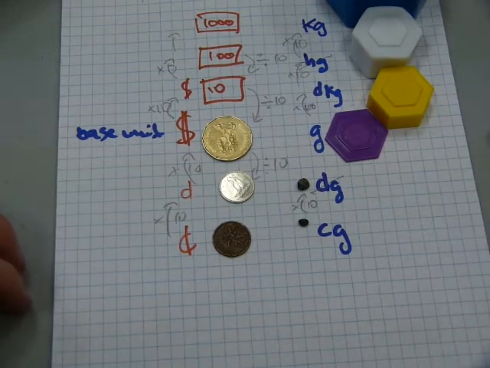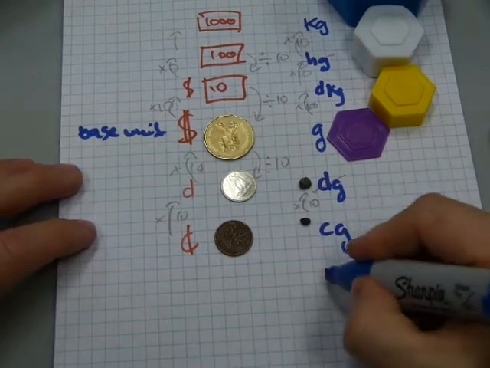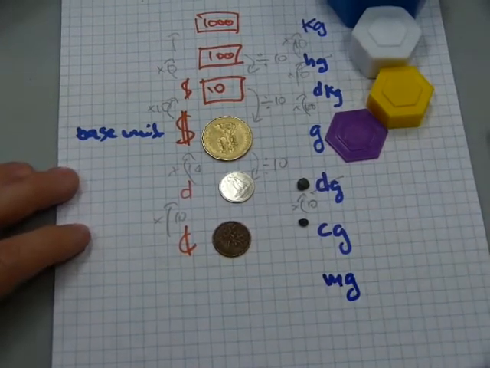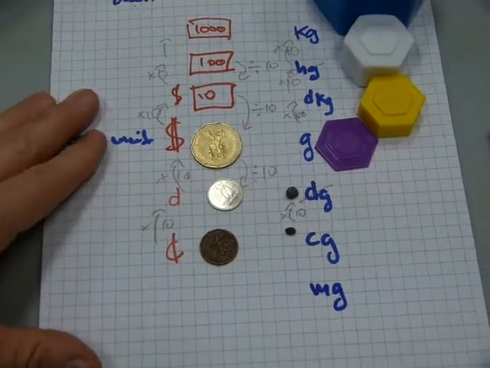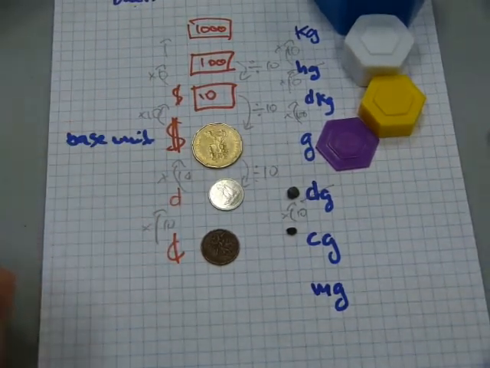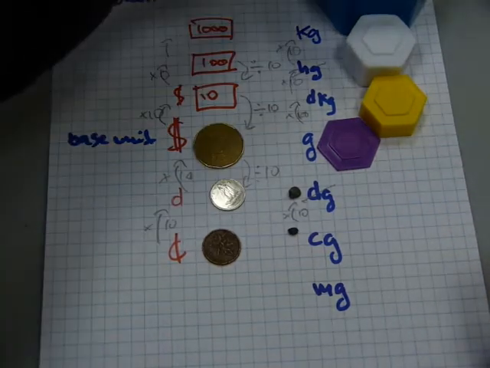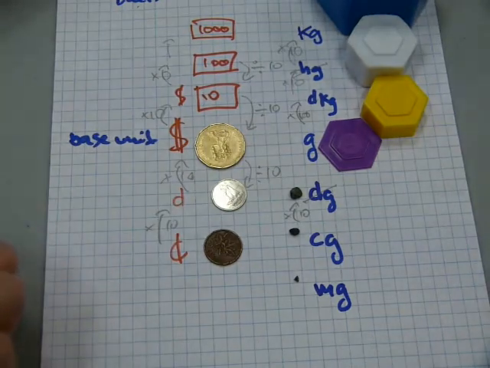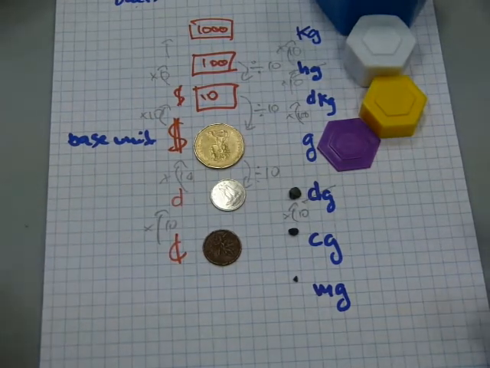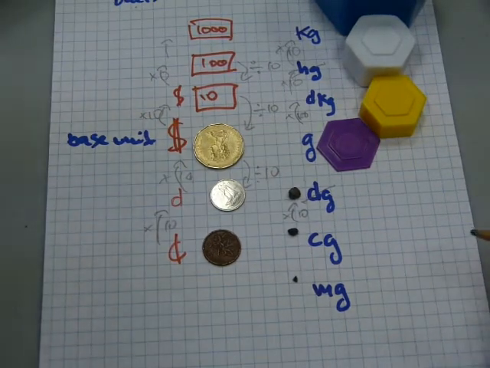And one more smaller unit. You're probably familiar with this one. Milligram. We don't have a smaller unit in terms of money that could stand in to fill this spot, but 1 milligram there, this grain of sand. Well, it's not exactly sand. It's a little bigger than that, but this thing is about 1 milligram.